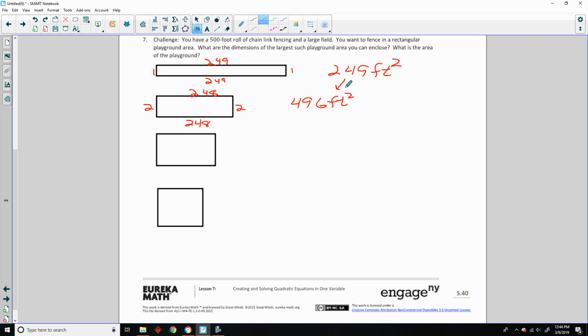Obviously more, right? Now if I went to 10 here and here, that would leave 240 here and 240 here. 250, 250. So 240 times 10 is 2,400 feet squared. So I'm leading up to something here. The largest area we can ever make with a given perimeter, which is 500, is a square. Okay?